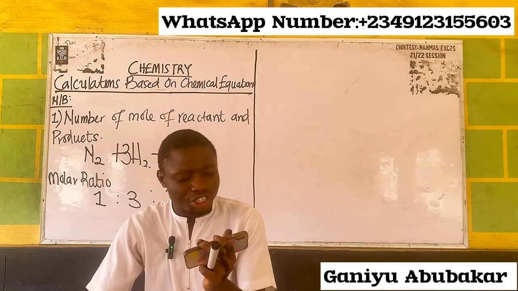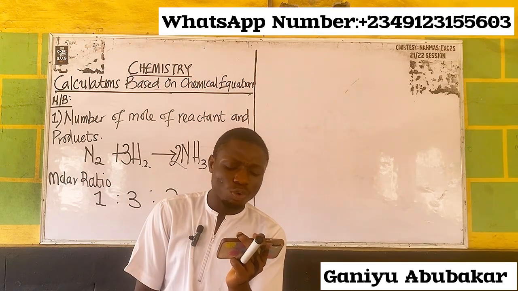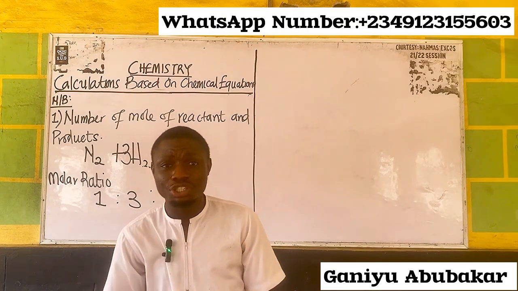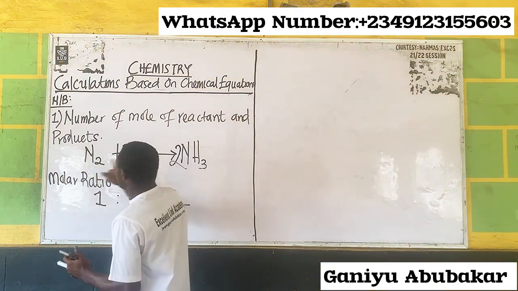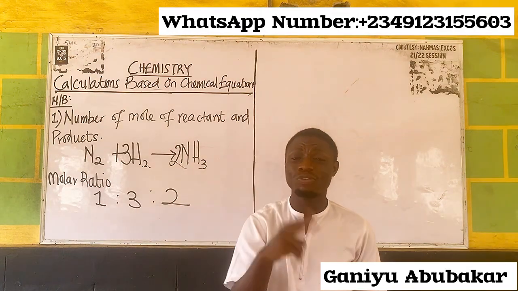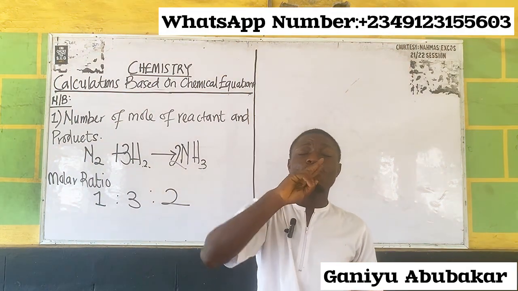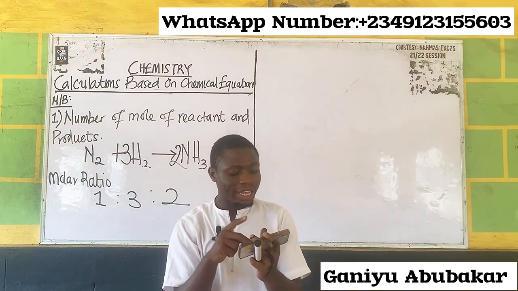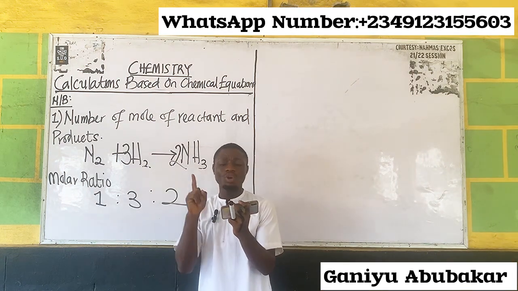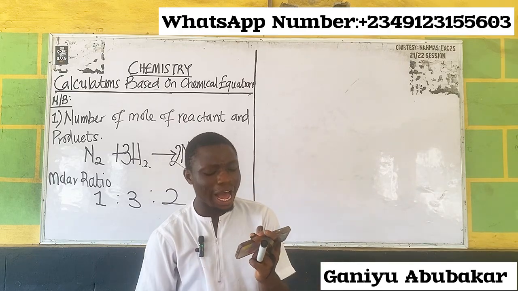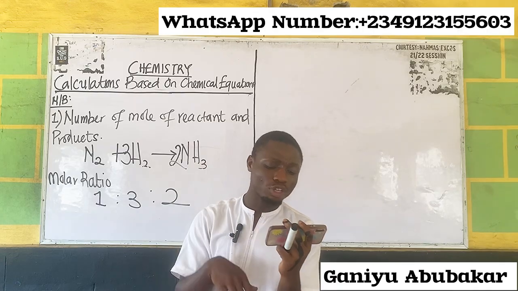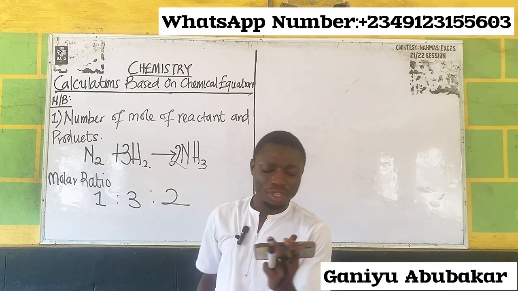How many mole of hydrogen is required to react with 300 mole of nitrogen? No matter how long the equation will be, they will narrow your focus on two elements or two compounds. For every calculation that involves an equation at your level, no matter how lengthy the reaction and the product may be, they will always give you two things to focus on.